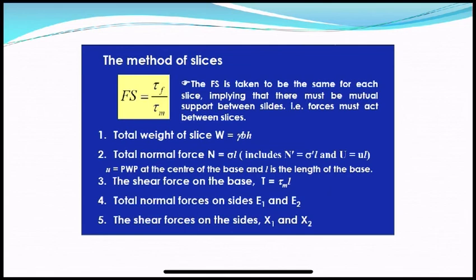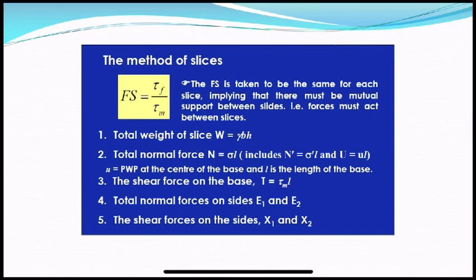If a given slice has 3 layers of soil, then we take gamma 1 h1, gamma 2 h2, gamma 3 h3, into b, where b is the width of the slice.